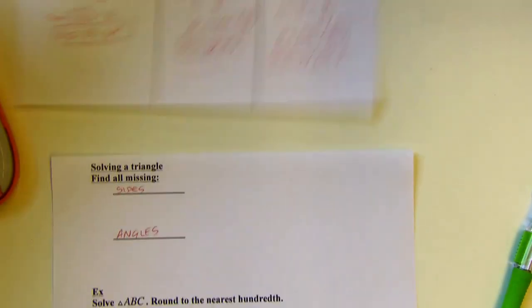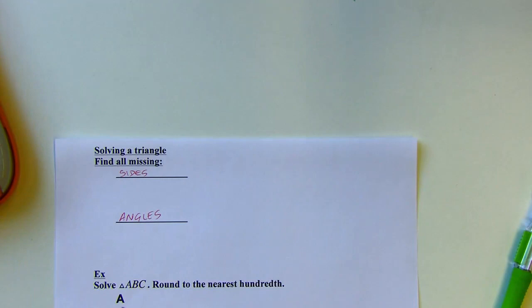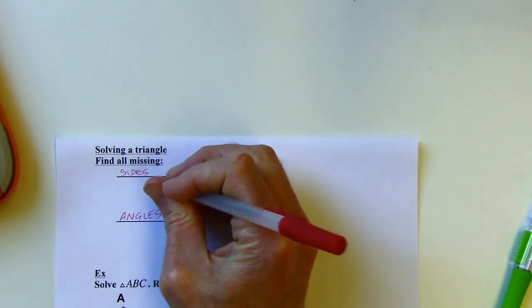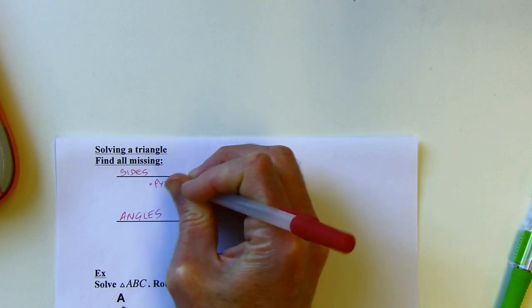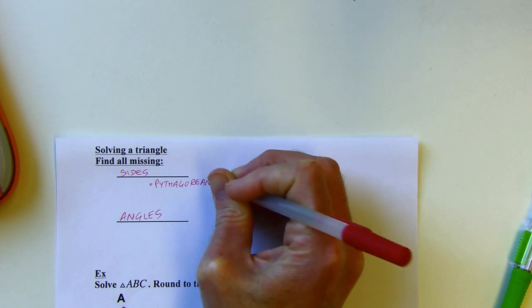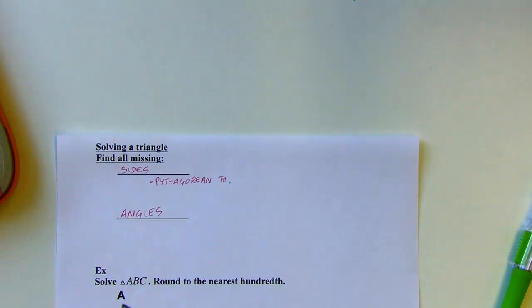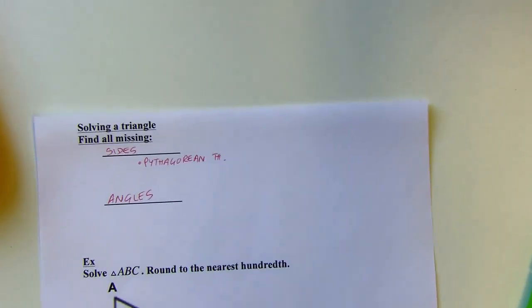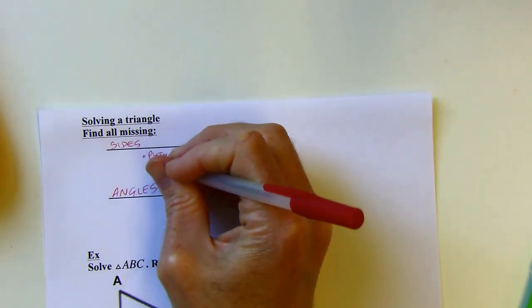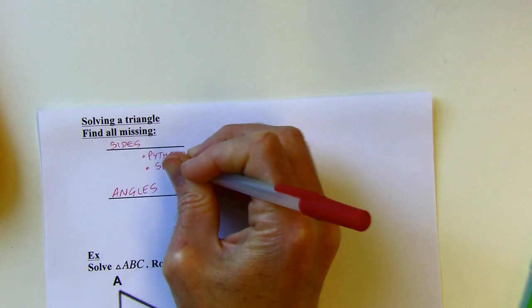So let's do a little recap. How could we find missing sides of a triangle? Our first method we had at our disposal was the Pythagorean theorem. This is going to work when you have two sides of a right triangle and you need the third one, right? Then we had the special right triangle relationships.